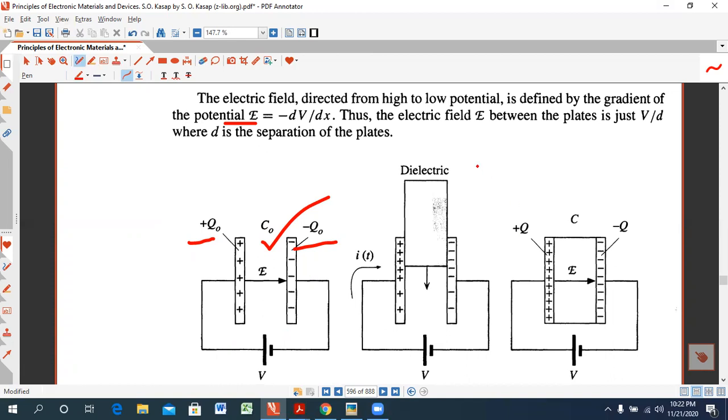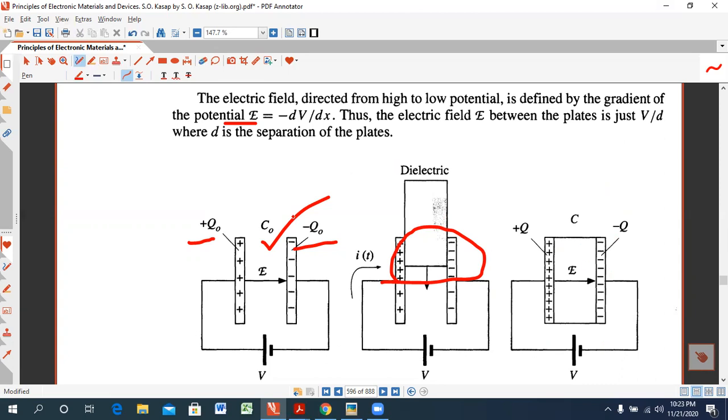Now, if we insert a dielectric material from the upper portion, what will happen here? These two plates will be fully charged. If you look at the upper portion, the amount of charge is increased, and when the dielectric is fully inserted between the two plates, they are fully charged.